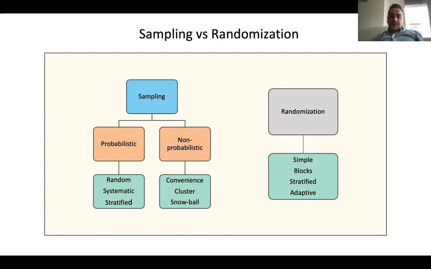And this is kind of surprising, because when I was a student, I thought it was probabilistic, really, and they are not. The convenience sampling is non-probabilistic, and this is something that we do every day in clinical research. So that means that not everyone has the same probability of being included in the study, and it has a lot of connotations, especially for the external validity of the study.